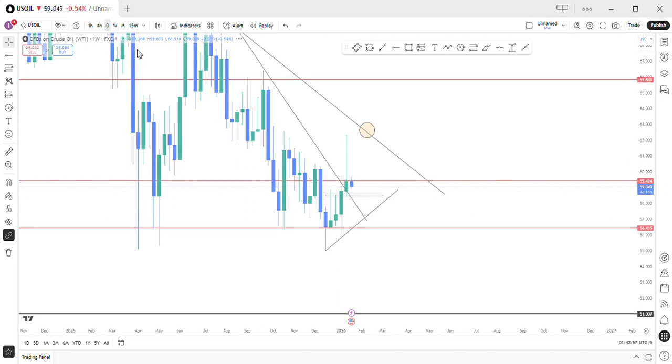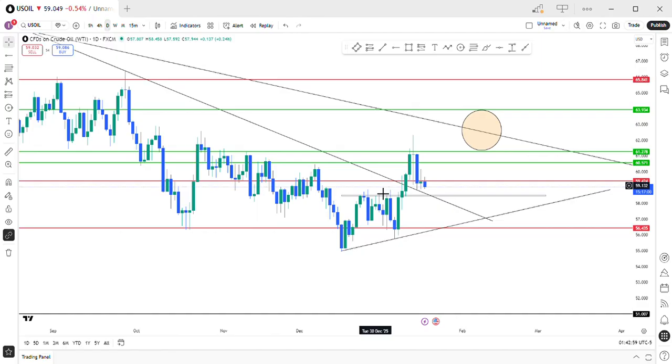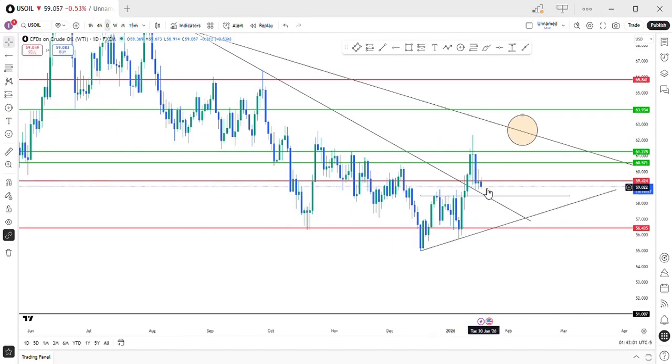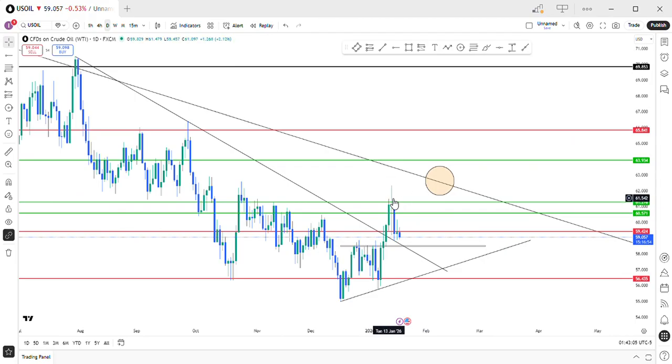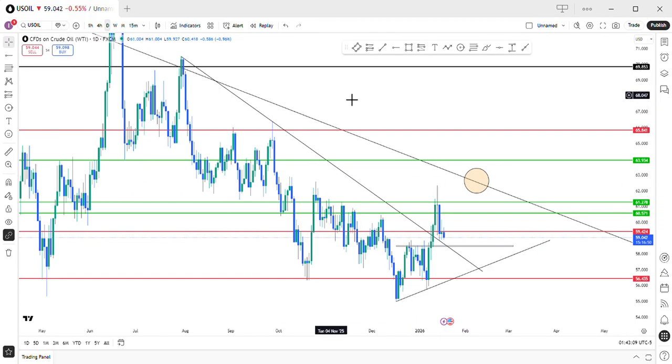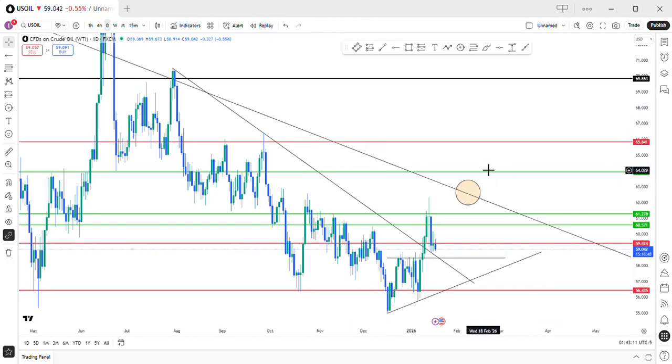But if you come on to the daily time frame, you'll notice that we got some bullish engulfing, which means price is rejecting from both this daily and this weekly level. But I have a feeling that price is actually going to buy for a few more times in order to come into this trend line before actually selling off, because price has broken this daily trend line right here.